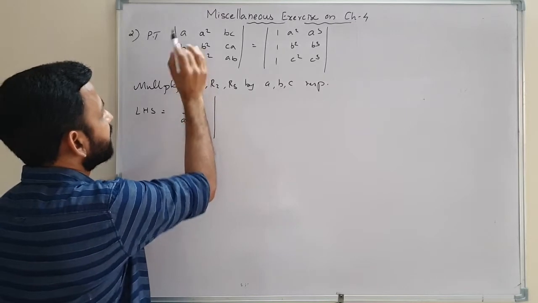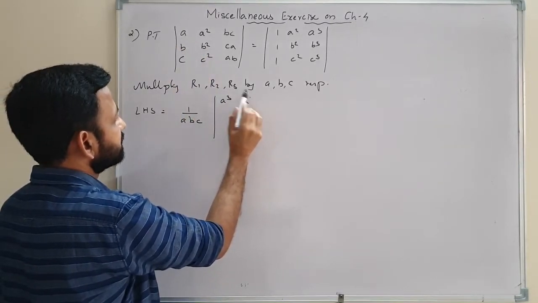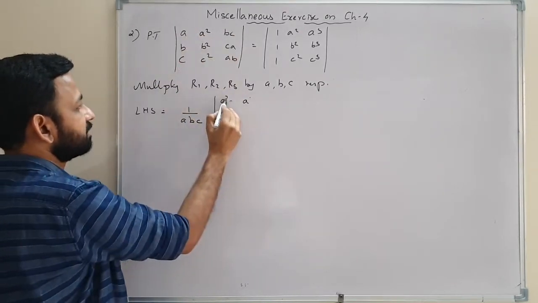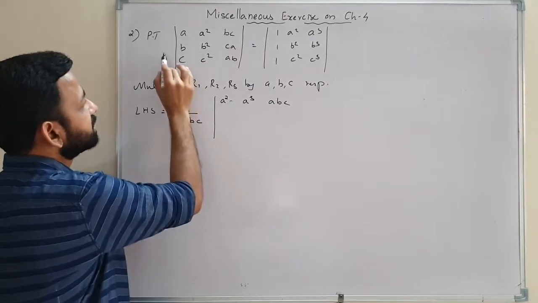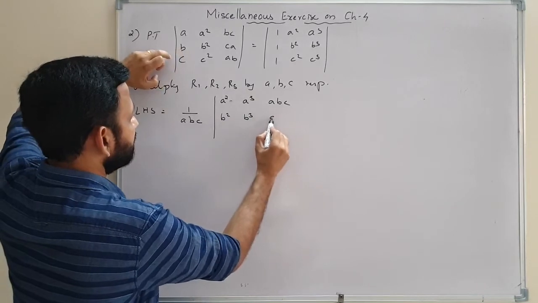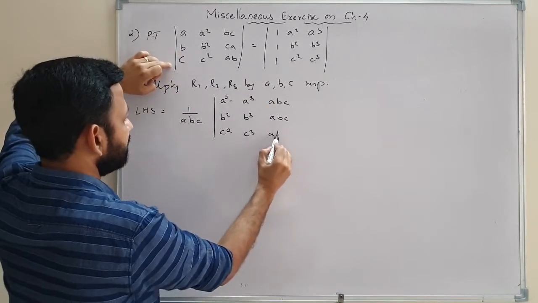Now, when we multiply first row by A, A square becomes A cube, and BC becomes ABC. Second row by B, B square, B cube, ABC. Third row by C, C square, C cube, ABC.